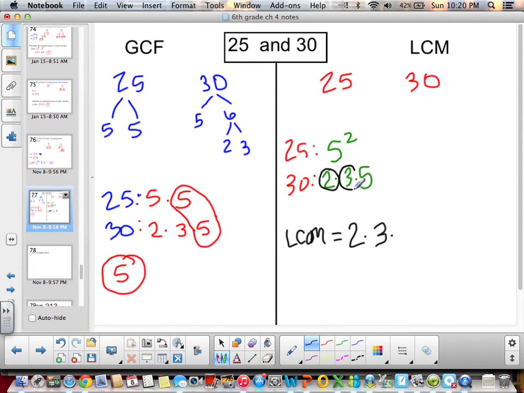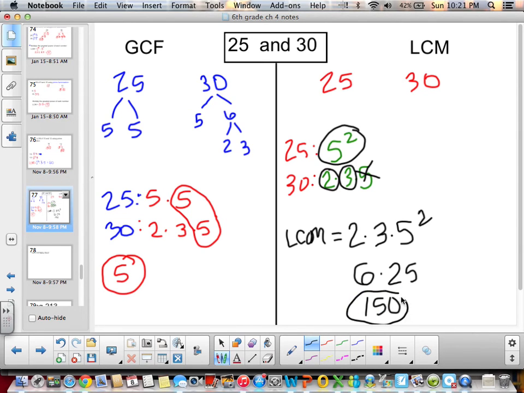We're going to use that 5 with the greatest exponent, and we're going to pull that one out, which means this one gets canceled out. Times 5 squared. Okay? So we have 2 times 3 is 6 times 25. So the LCM, or the least common multiple of 25 and 30, would be 150.